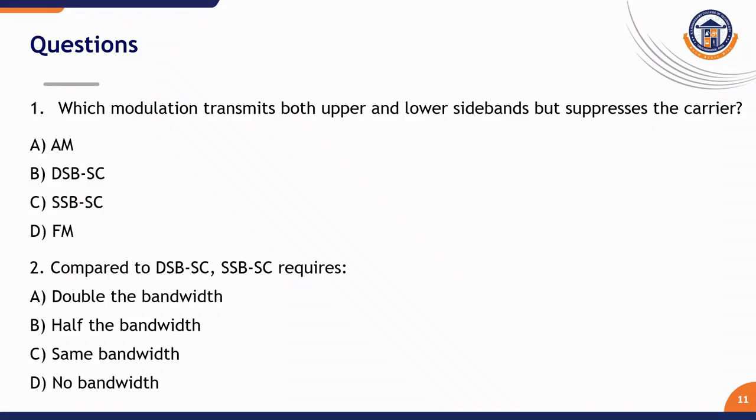Even though SSB-SC involves higher implementation complexity and requires precise frequency and phase synchronization, it is widely preferred for long distance and bandwidth limited communication systems. Overall, both DSB-SC and SSB-SC play an important role in modern analog communication systems, which enables efficient, reliable, and economical transmission of information.